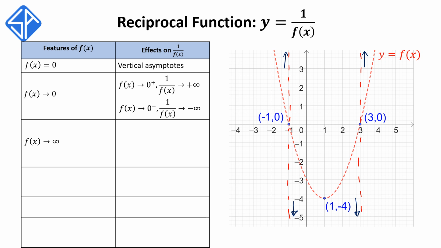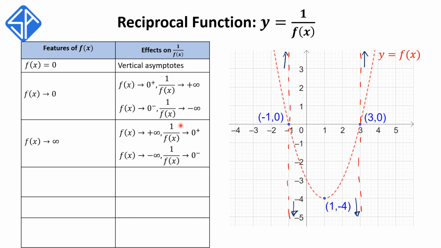We also need to consider what happens when f of x approaches infinity. Again, f of x can approach positive infinity, or it can approach negative infinity. Now for this graph we're given here, f of x only goes towards positive infinity around these two regions here.